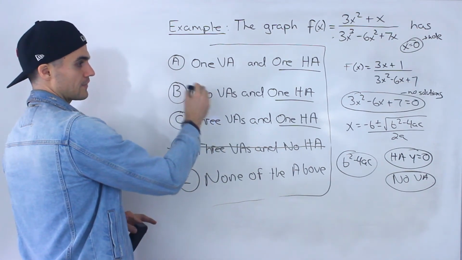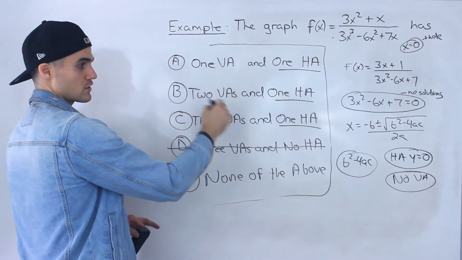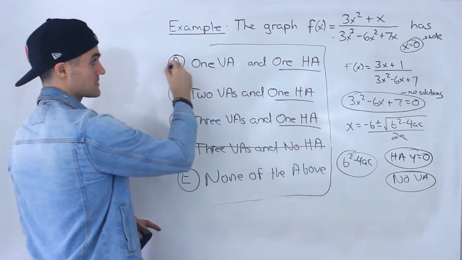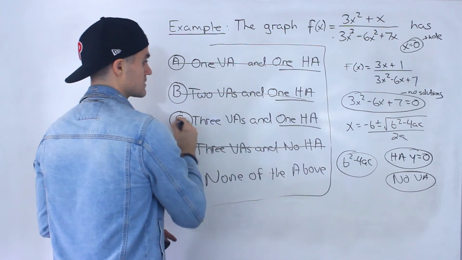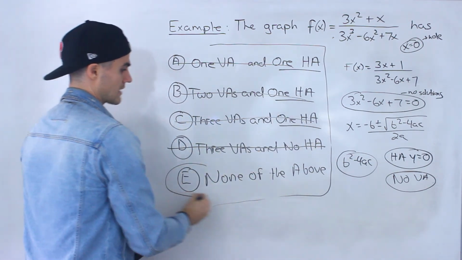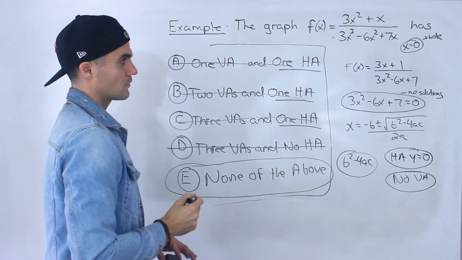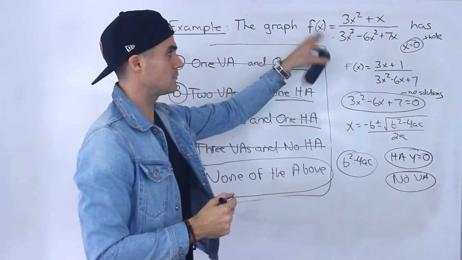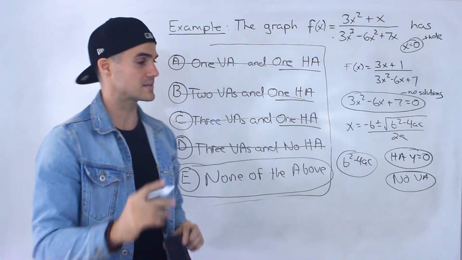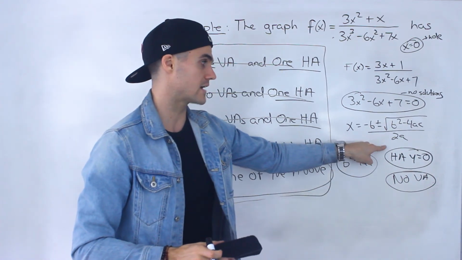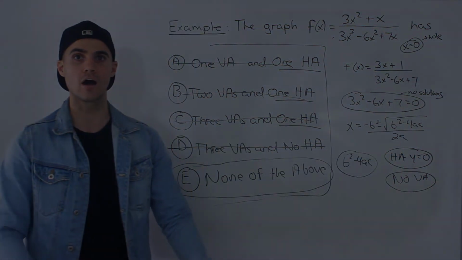Well, notice that there's no choice here for no vertical asymptote. So it's not this, it's not this, it's not that. And so the answer is actually none of the above. Right? So this function in particular actually only has one asymptote. It only has a horizontal asymptote at a y value of 0.